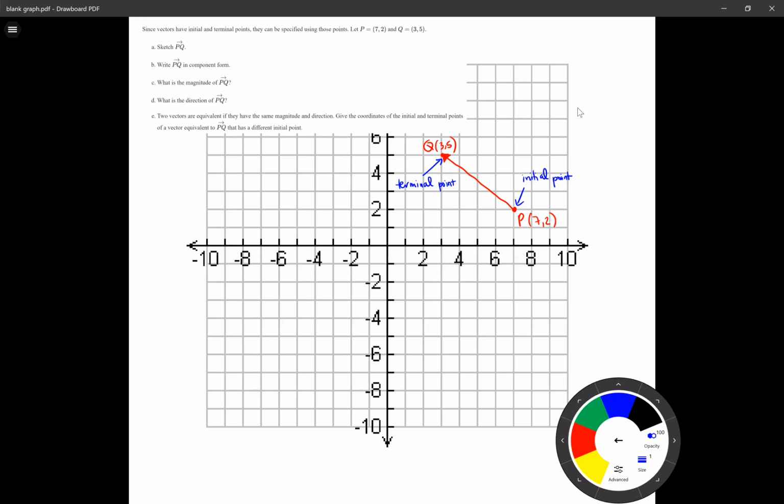If you do a problem with vectors and write PQ without the arrow on top, then you lose a point for it. Because PQ without the arrow is just a segment with a line on top of it. But PQ with an arrow on top of it means vector PQ.